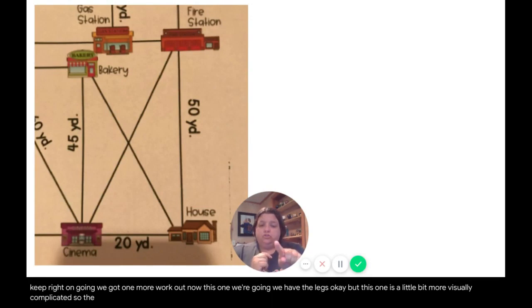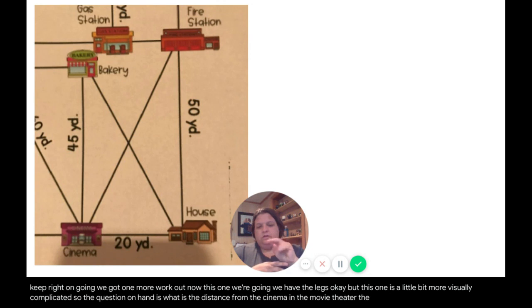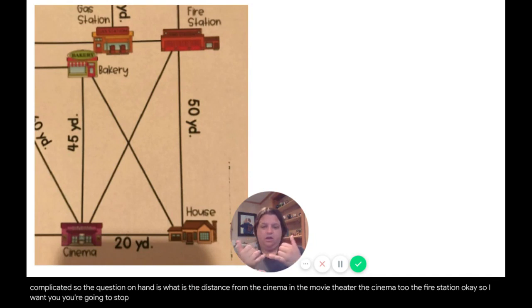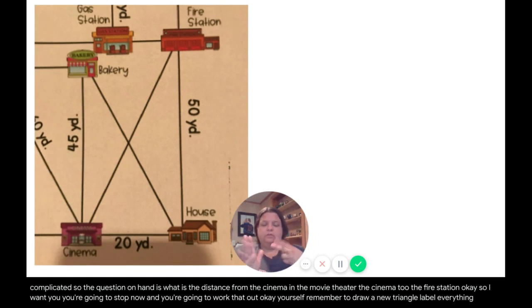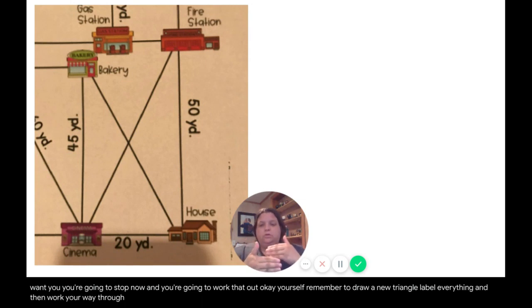So the question at hand is, what is the distance from the cinema, the movie theater, to the fire station? I want you to stop now and work that out yourself. Remember to draw a new triangle, label everything, and then work your way through the whole problem, and let's see if you get to the same answer as me.